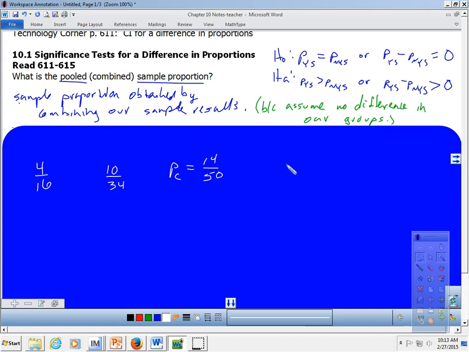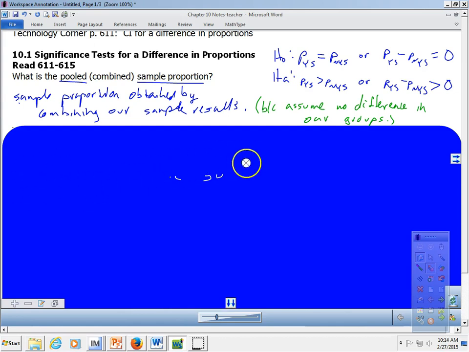So that's why we do it. And we don't do it in confidence intervals because we're not making this assumption. We're not making the assumption that there's no difference. But since we are making that assumption with our tests, it makes sense for us to combine our data. Okay? So that's what we're going to do.